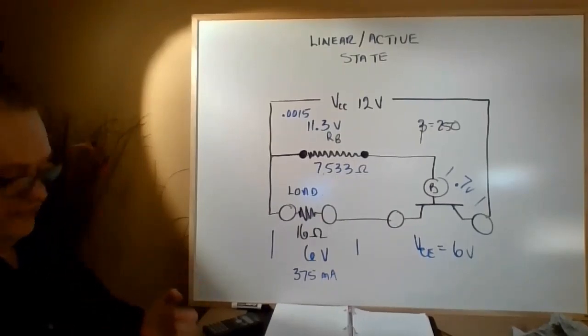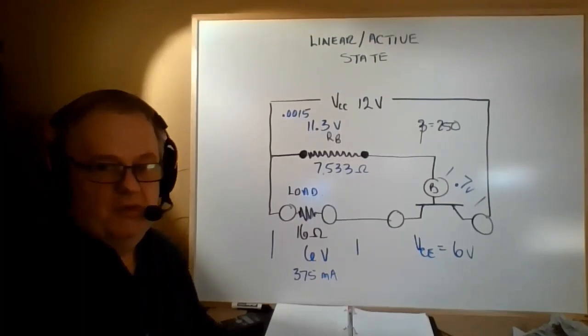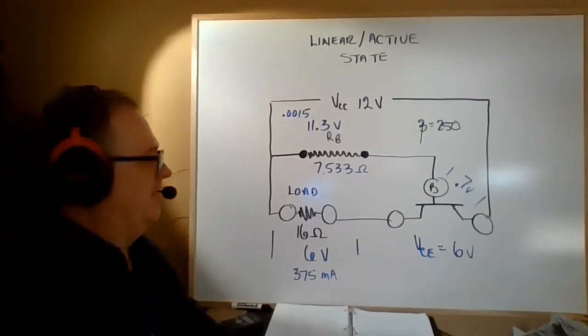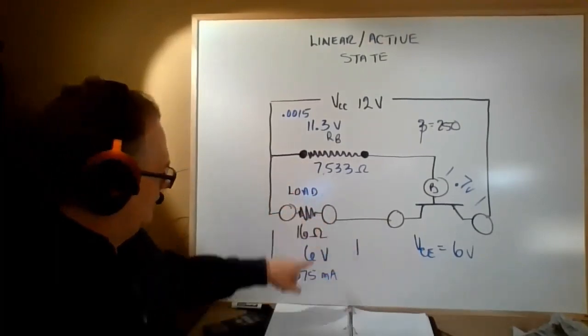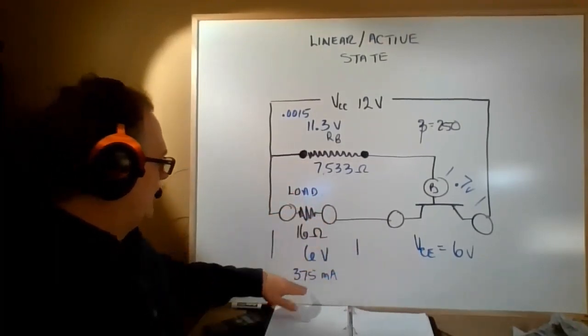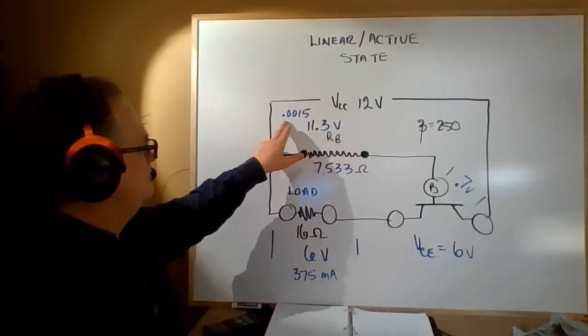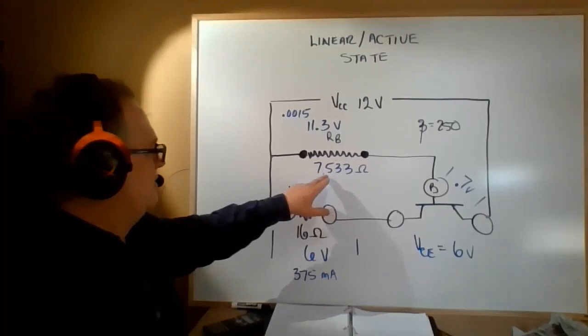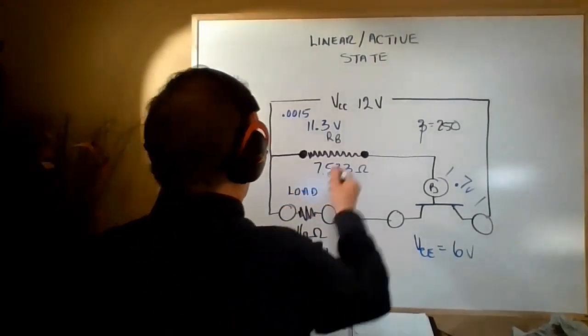The state that we're in here is active, but I do want to talk for a brief moment about what happens if we wanted to raise this voltage to its highest point. We would need more current here, which means we would need more base current. So what would we need to do? We would need to reduce this resistance, so this would literally have to be a variable resistor.